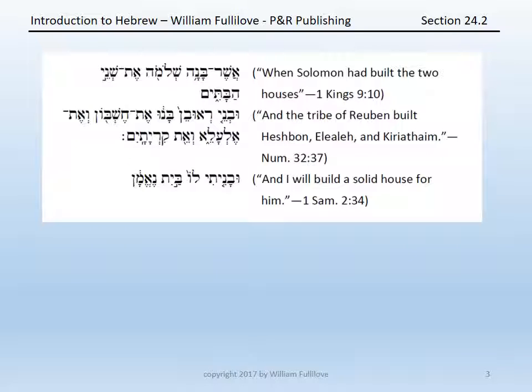Consider these three examples. First, from 1 Kings 9:10, asher bana Shlomo et shnei habatim. Bana is a qal perfect third masculine singular from the root bet nun hey, bana, to build.